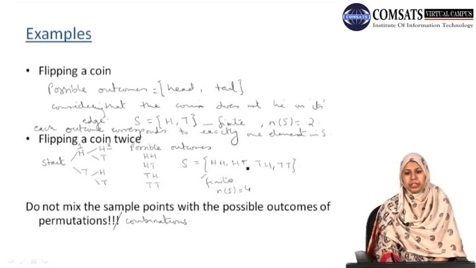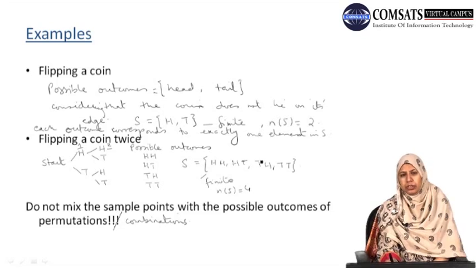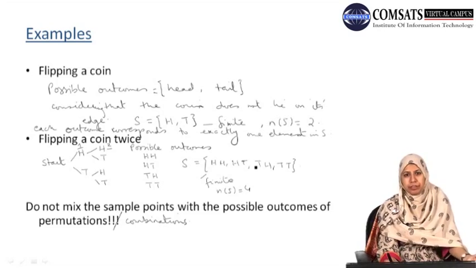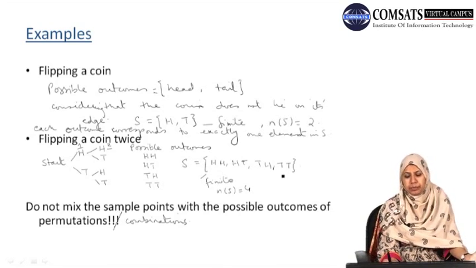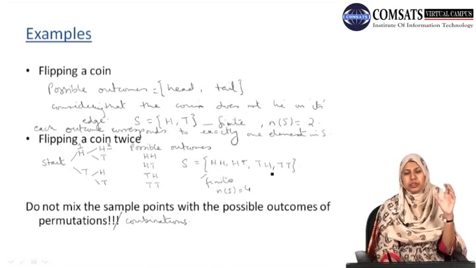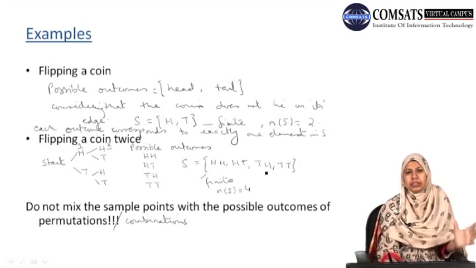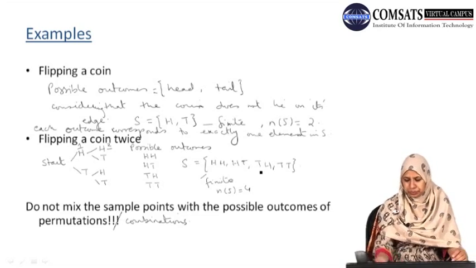In the case of combinations, the order does not matter, and we ignore the outcomes which have the same objects but different order. In this example, we will have three possible combinations, that is head head, head tail or tail head, and tail tail. So the sample points should not be mixed with the possible outcomes of the combination.